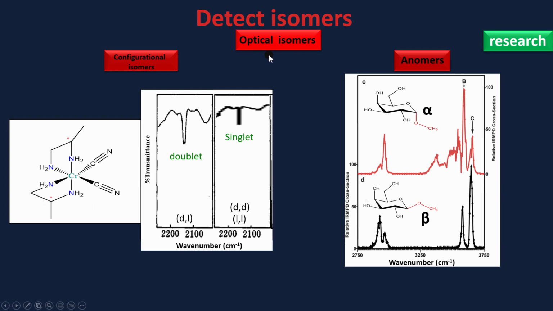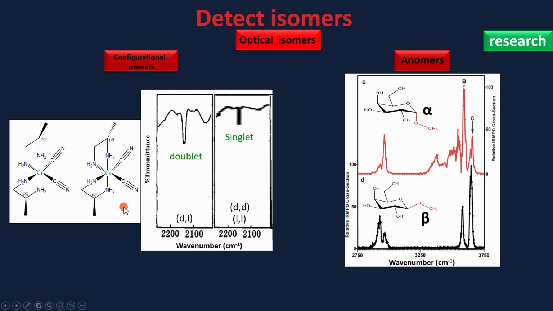They identify the optical isomers. In this example, the configuration of the metal complex changes the splitting of the cyano band. It can be explained that the two cyano groups suffer the same environment, so a singlet band occurs.